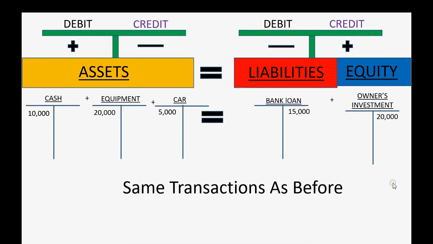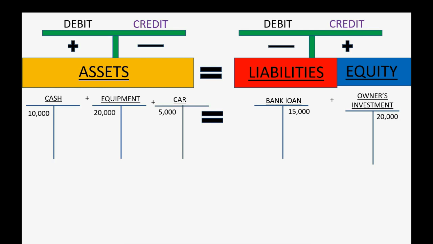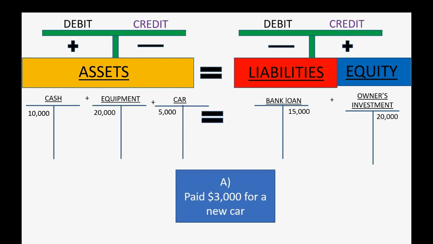Now, just like before, we're starting with a total of $35,000 in debit and a total of $35,000 in credit, because the assets on the left are $35,000 and the liabilities plus equity are a total of $35,000, just like they were at the beginning of the previous video's transaction set. Now, transaction A: paid $3,000 cash for a new car.